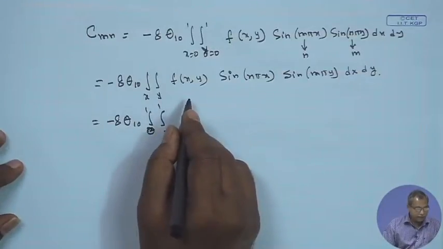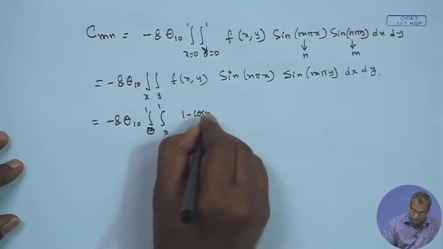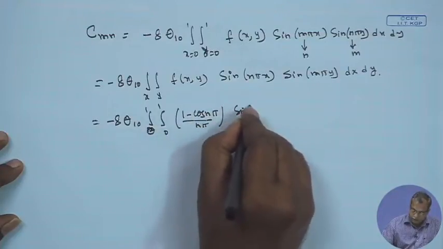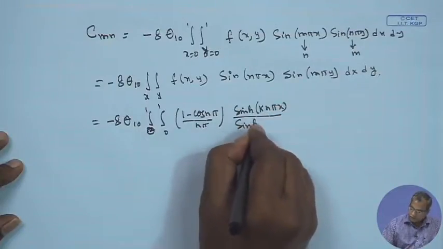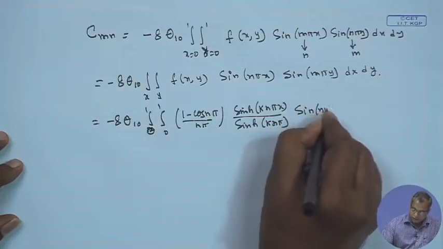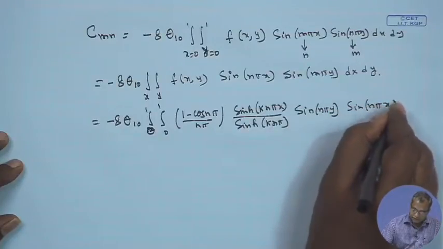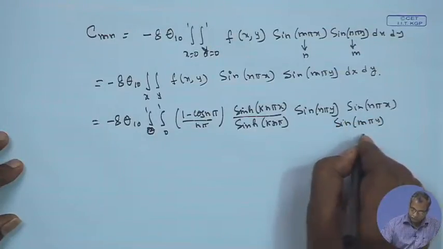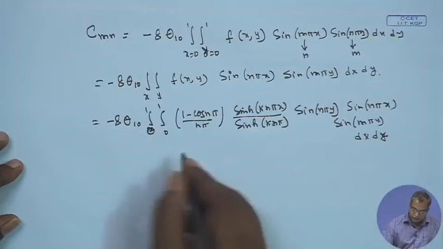f of x y sin n pi x sin m pi y dx dy. Now let us put f of x y. f of x y is nothing but (1 minus cosine n pi) divided by n pi, sinh(k n pi x) divided by sinh(k n pi), sin n pi y, multiplied by sin n pi x sin m pi y, dx dy.